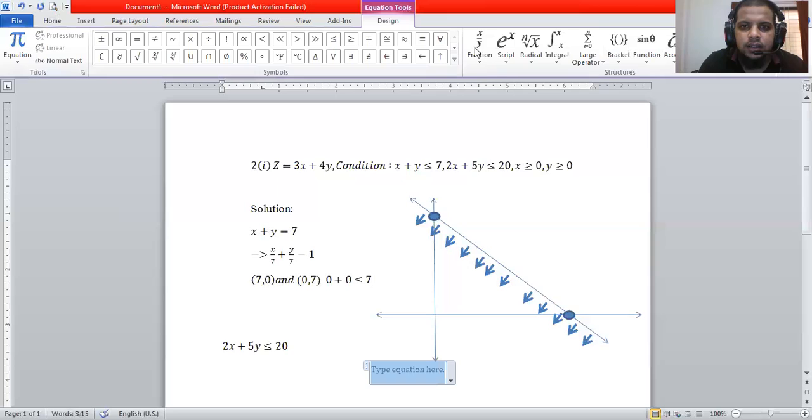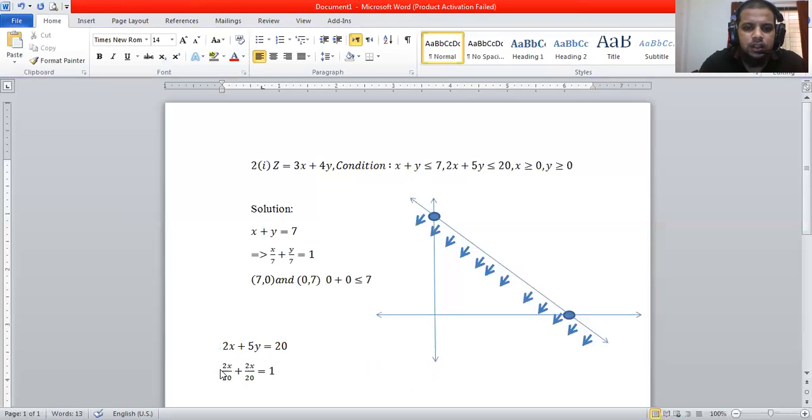So it will be 2x by 20 plus 5y by 20, equal to 1, converting it into equality. Next line we can write it like this.